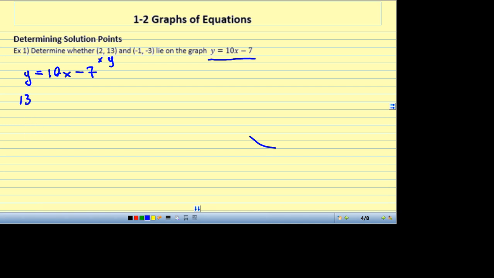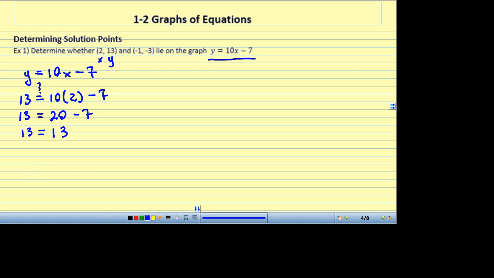I got 13 equals 10 times 2 minus 7. 10 times 2, that's 20, minus 7. Is it equal to 13? 20 minus 7? 13.